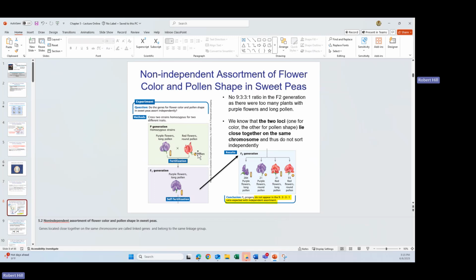Why not? Because the gene for flower color and the gene for pollen shape are on the same chromosome, and when they segregate during meiosis, they move together. They don't assort independently, so you can't get the genetic variation you would get with Mendel's example. This is a non-independent assortment of these two genes, so no 9:3:3:1 ratio.